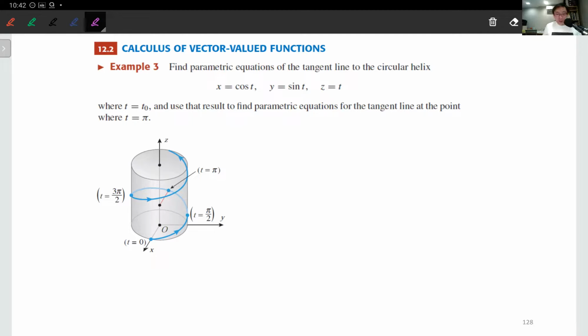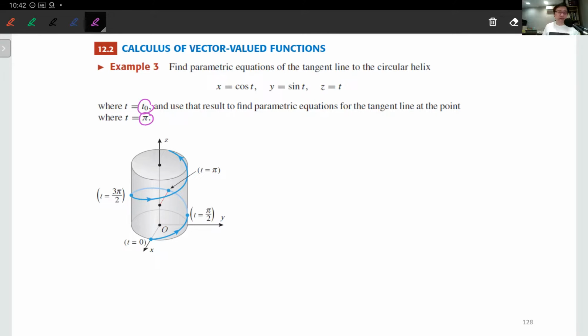Here t equal to t naught is a general representation of any value of t. Or you can just put t equal to pi or whatever. It doesn't really matter where. So you can just find the equations of the tangent line at any time t, or at any value of the parameter t.